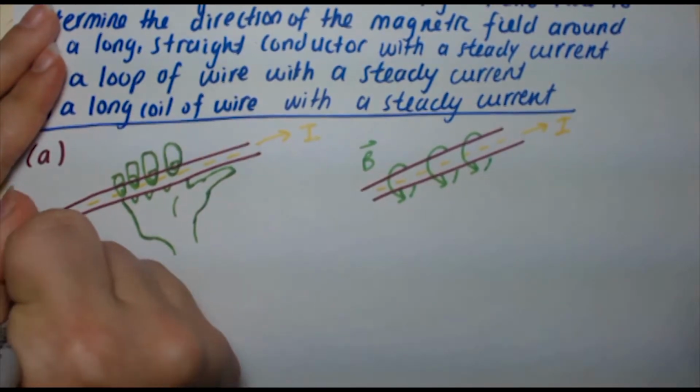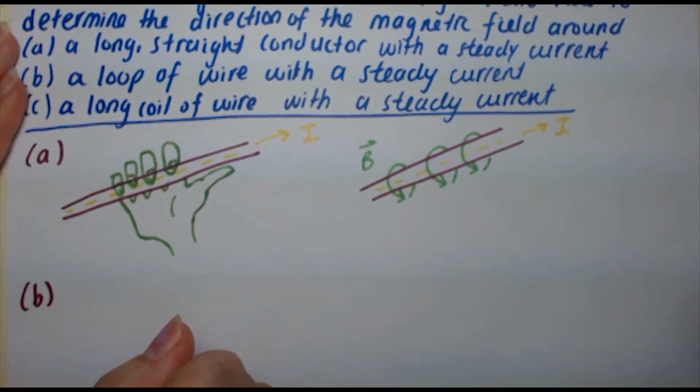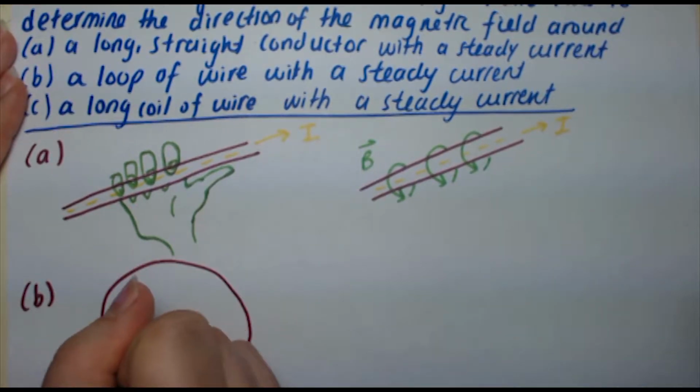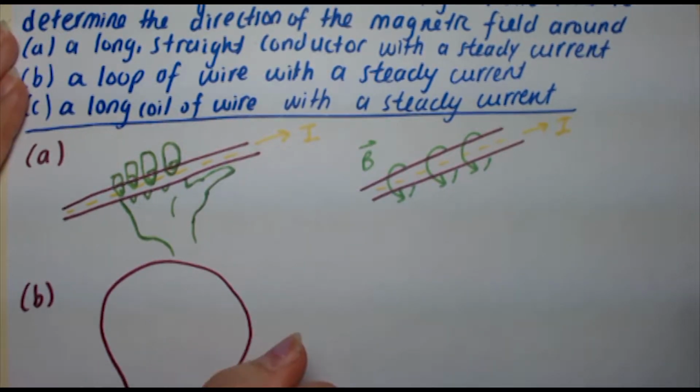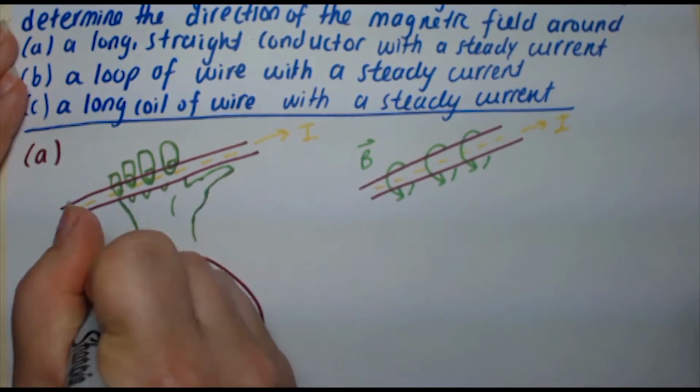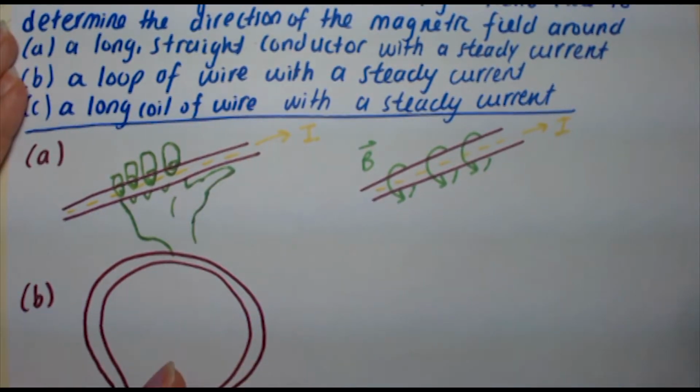So let's draw what's happening. You've got a loop of wire, something like this, and we've got the current also moving through that wire. So just draw in your electrons there.